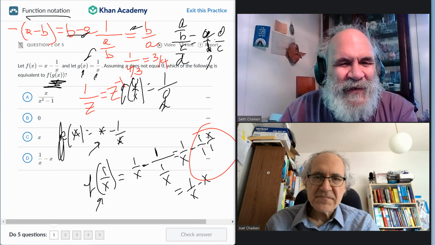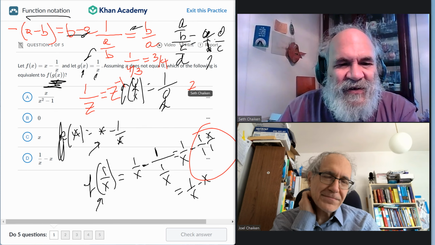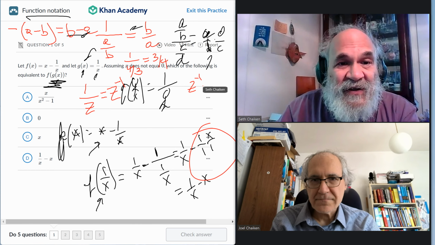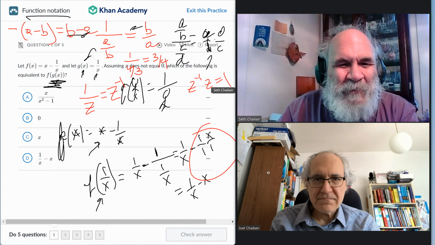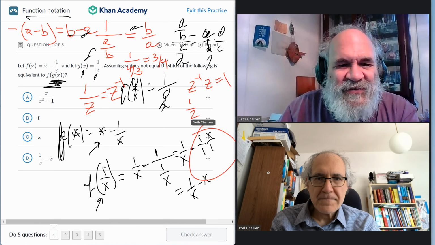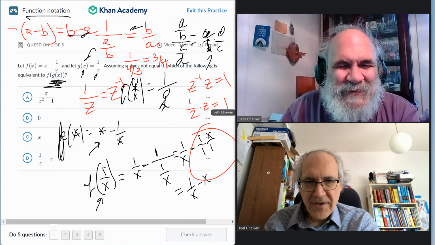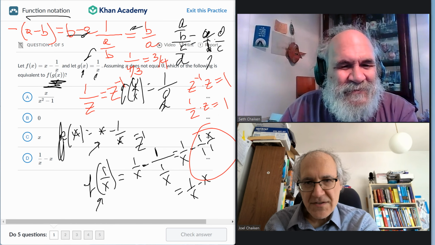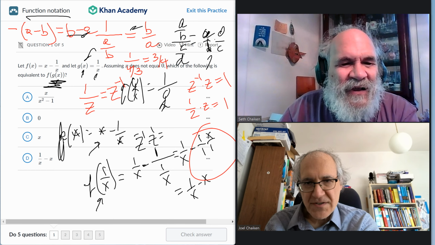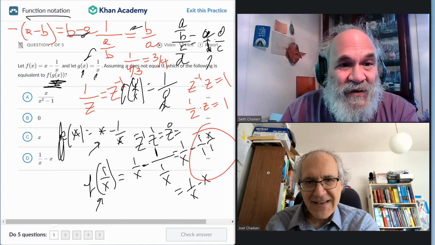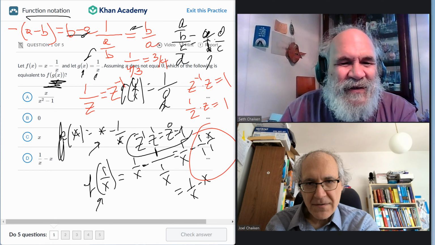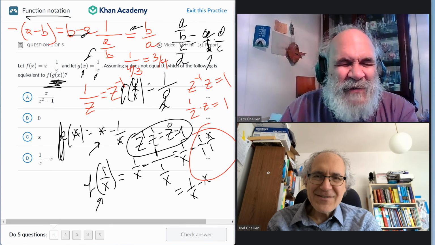The multiplicative inverse of z times z is equal to one: 1 over z times z equals 1. Also, z to the minus 1 times z to the first is z to the 0, and anything to the 0th power is equal to 1.